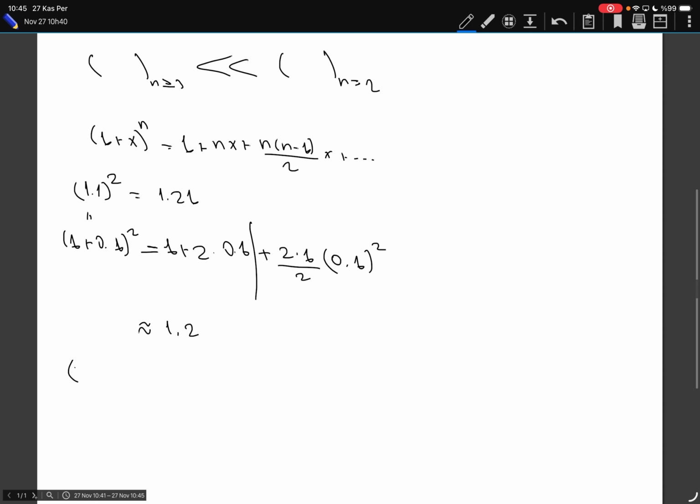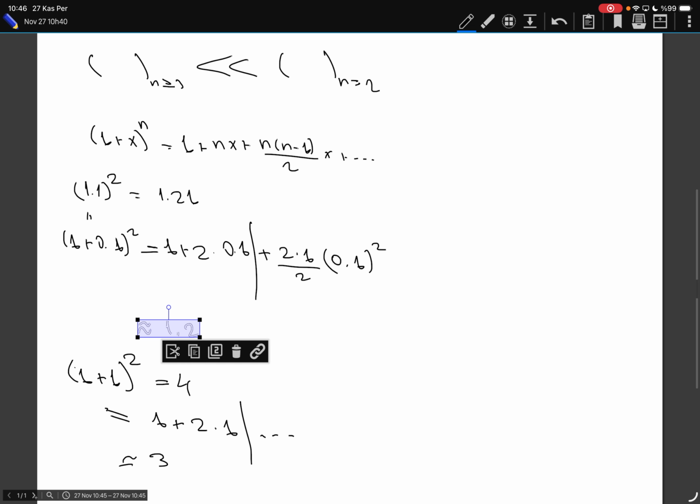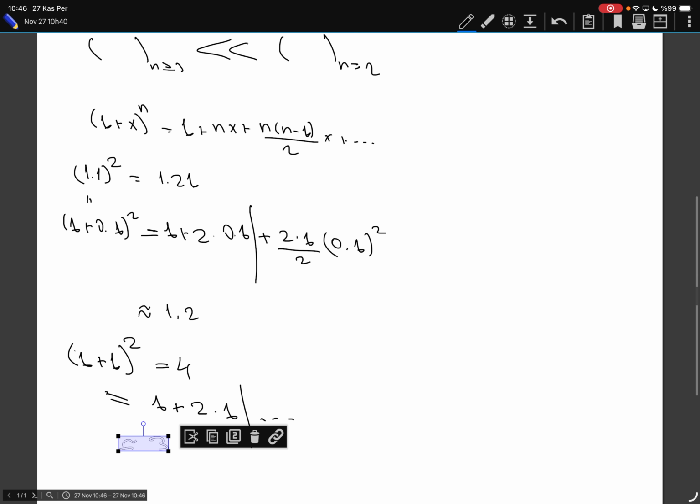Now, what about 2 squared? This is 4. But if I write that as 1 plus 2 times 1, and ignore the rest, then that expansion tells me that it is 3. Now you see, in the first example, the error I introduced by ignoring all the remaining terms is 1%. In this example, the error I introduced by ignoring the remaining terms is already 25%.